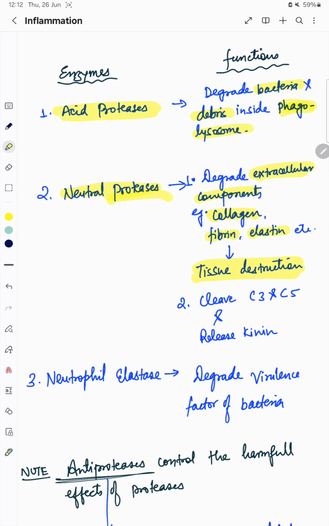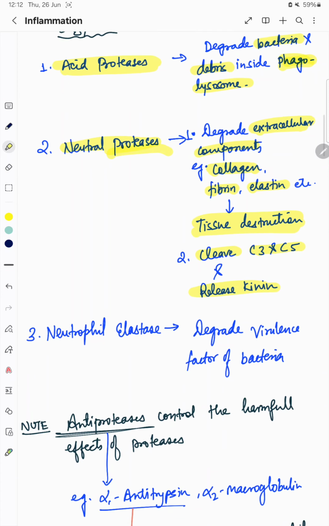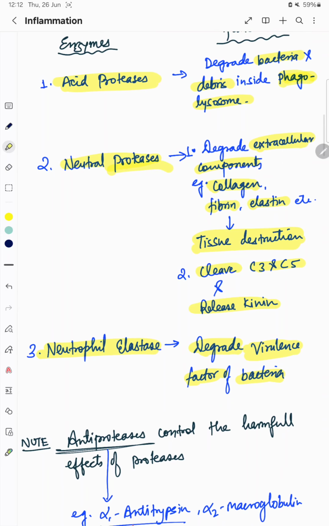Neutral proteases also cleave C3 and C5 and release kinin. Neutrophil elastase is another enzyme which is responsible for the degradation of the virulence factors of bacteria. So this is very important in controlling the inflammation or infectivity of bacteria.